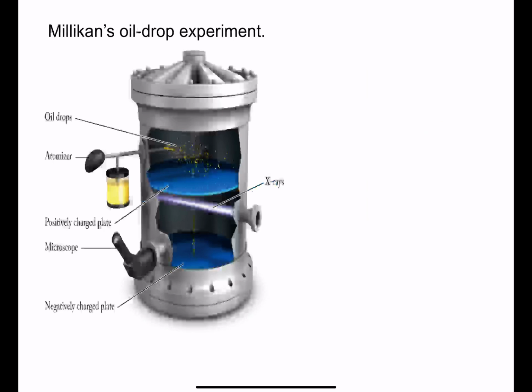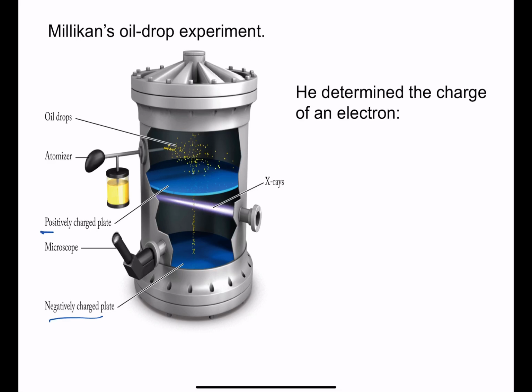Others were also contributing around the same time, and there was Millikan's oil drop experiment, where drops of oil are suspended between a positively charged and a negatively charged plate, and then you could view them with a microscope. Millikan determined the charge of an electron using this device and found that the charge of the electron is 1.602 times 10 to the negative 19th coulombs.